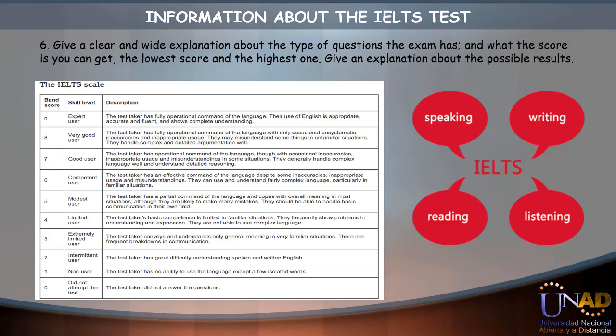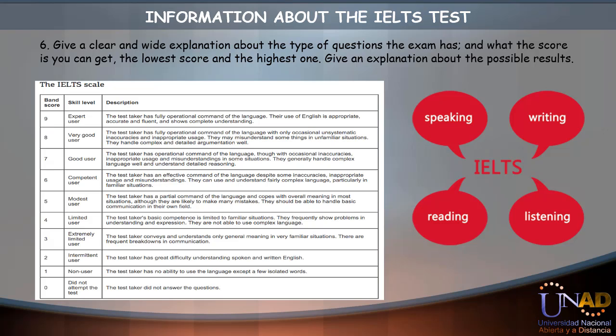Band 6. Competent user: the test taker has an effective command of the language despite some inaccuracies, inappropriate usage, and misunderstandings. They can use and understand fairly complex language, particularly in familiar situations.